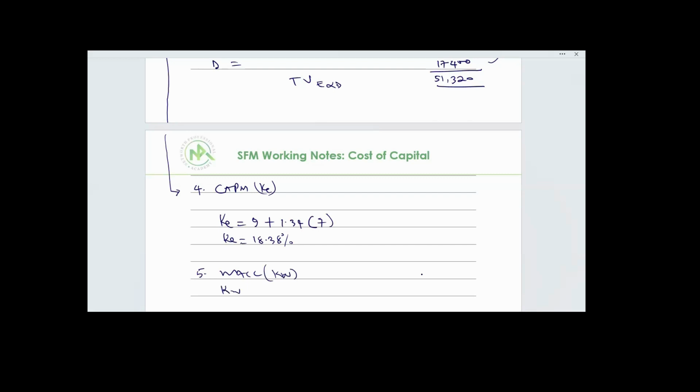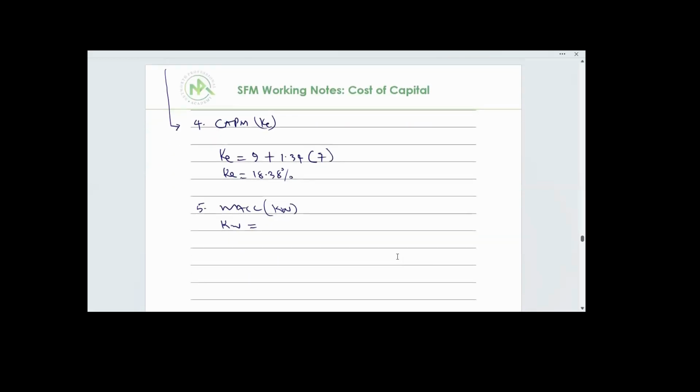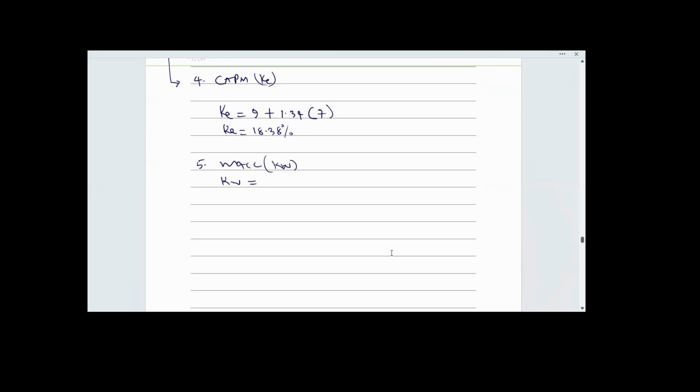So Kw equal, I don't need to write our formula again. I've written our formula before. Equity value of Kilimanjaro is 33,920 over total value 51,320.